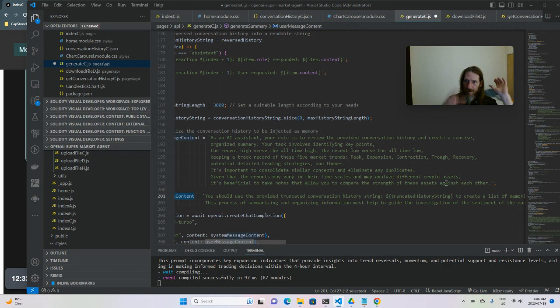that, which allows you to compare the strength of these assets against each other. So if I'm giving him all kinds of lists of crypto, I'm looking at Bitcoin, then I'm looking at Ether, and he's using the last report to re-establish how the sentiment of the market is.